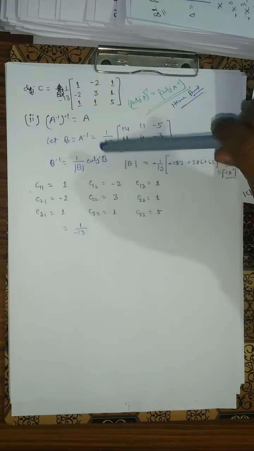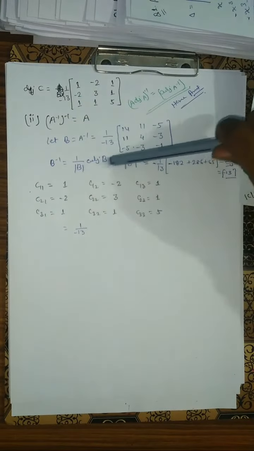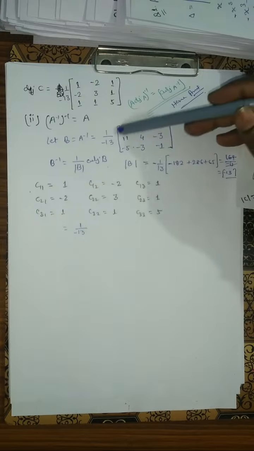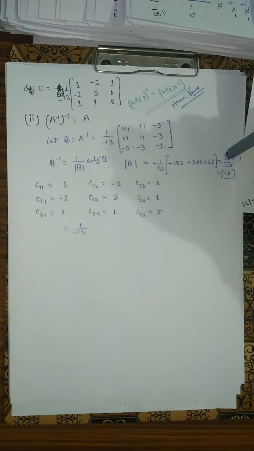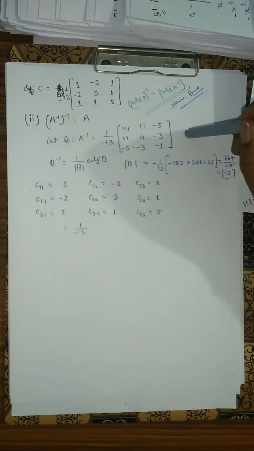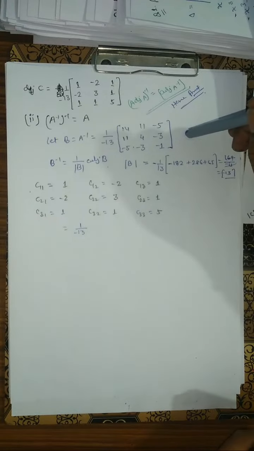You assume B, so B inverse is 1 by determinant B adjoint B. Value of this is 169, so 169 after divided by the minus 13 is minus 13.